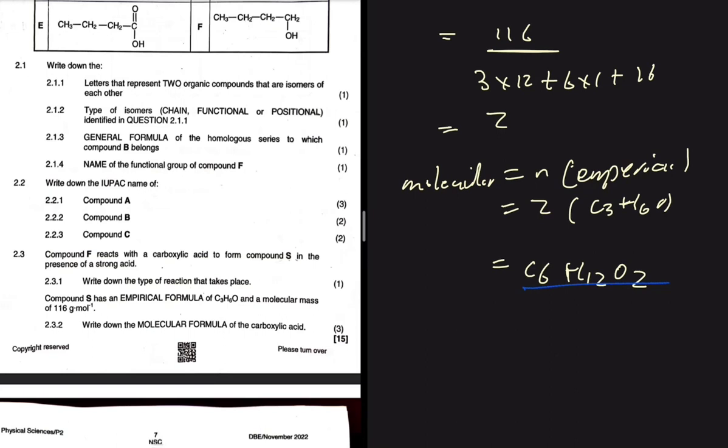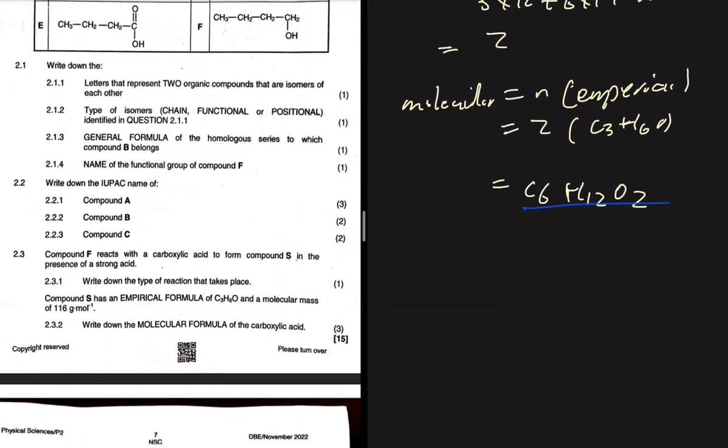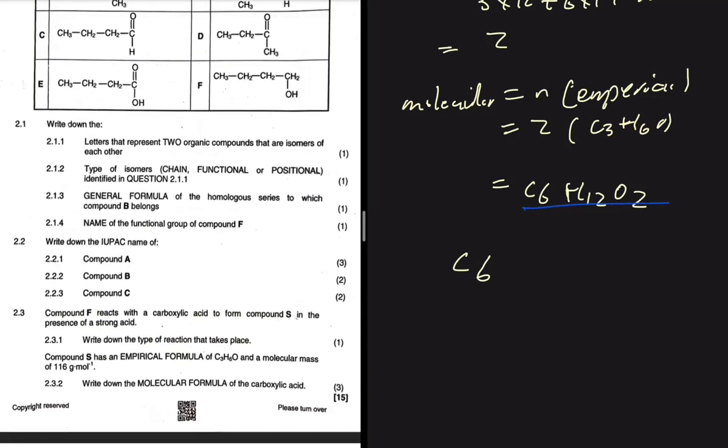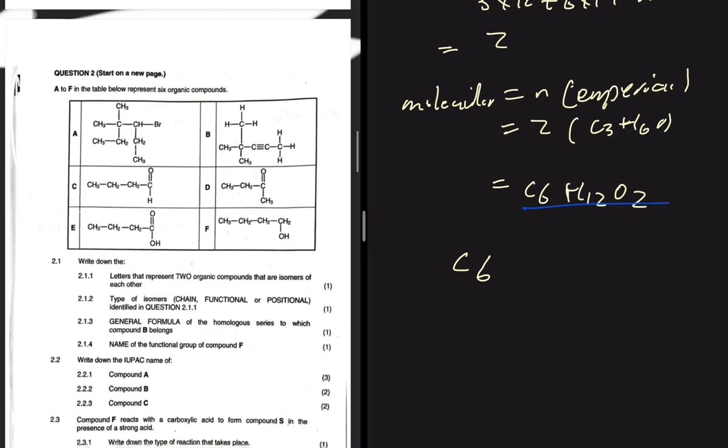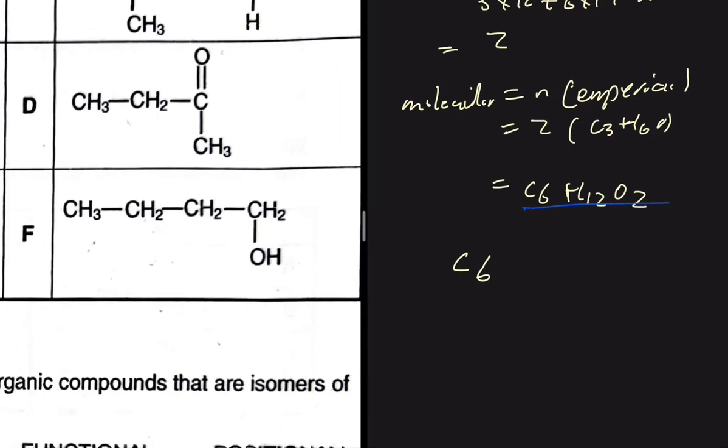Compound S. So now what you have to do, you have to say, okay, my ester has 6 carbons, right? And then it is made up of the carboxylic acid and compound F. Compound F has 1, 2, 3, 4. Compound F is this alcohol here. It has 4 carbons, right? So if the alcohol has 4 carbons, where are the other 2 carbons coming from?